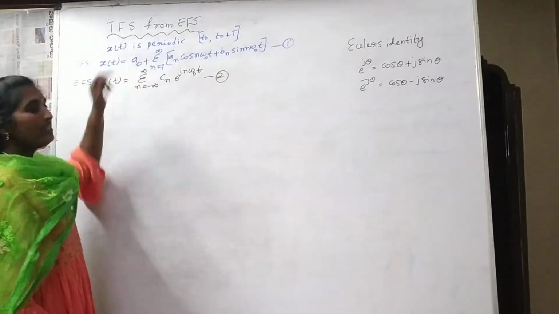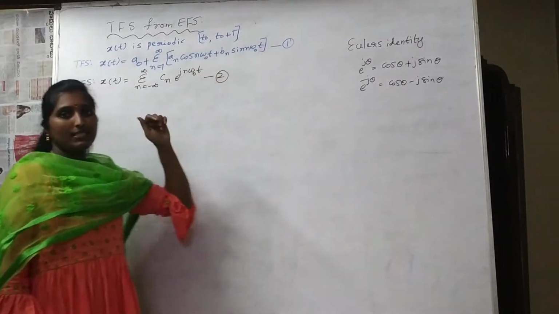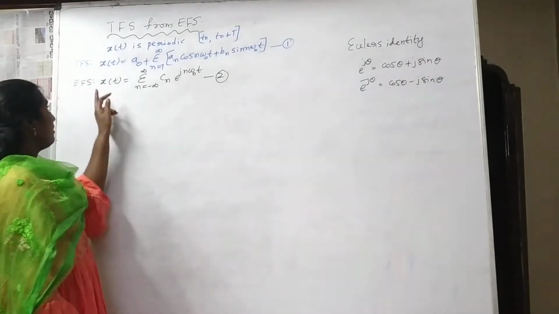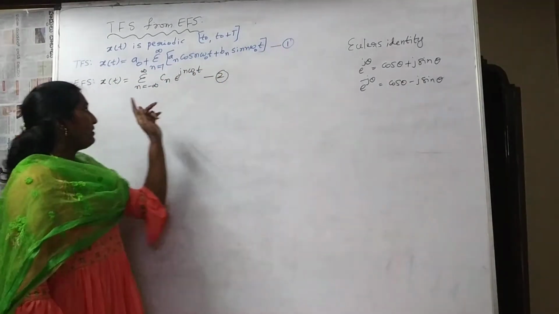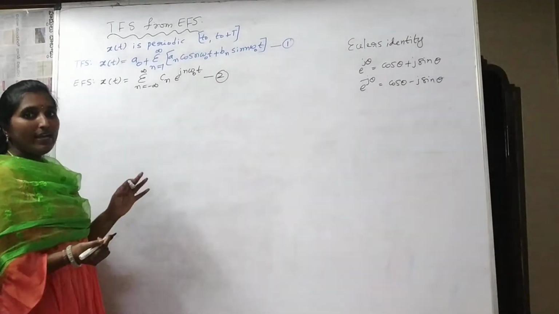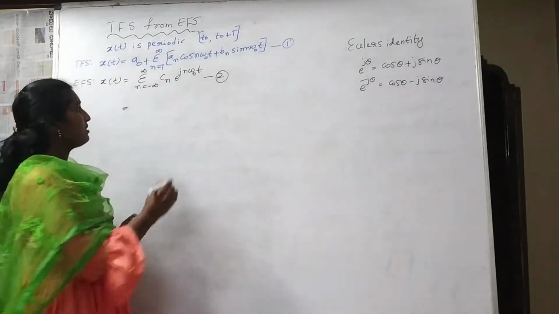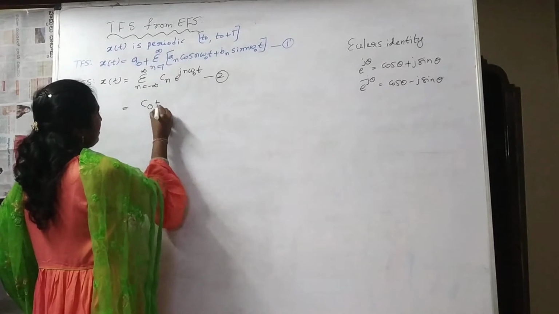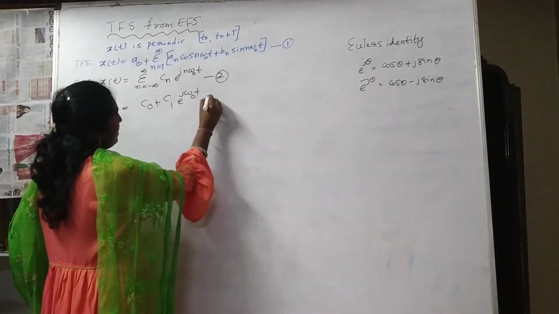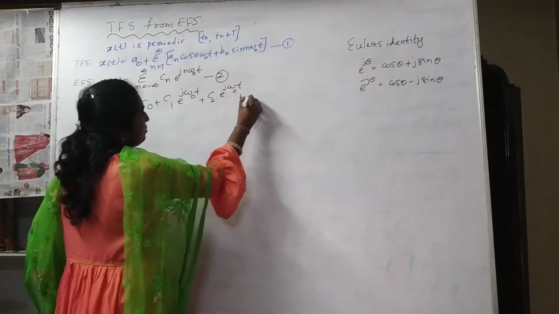For that, consider x of t, a periodic signal over the interval from t0 to t0 plus T, and write the trigonometric Fourier series expansion formula, which is equation number 1, and write the exponential Fourier series expansion, equation number 2. Now expand equation number 2 for the various n values. For n equal to 0, C0; n equal to 1, C1 e^(j omega naught t); n equal to 2, C2 e^(j 2 omega naught t), and so on.